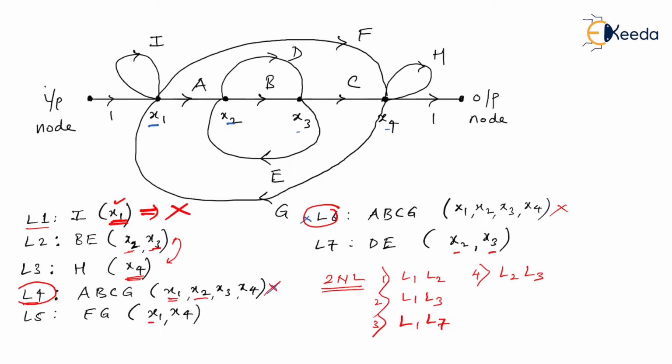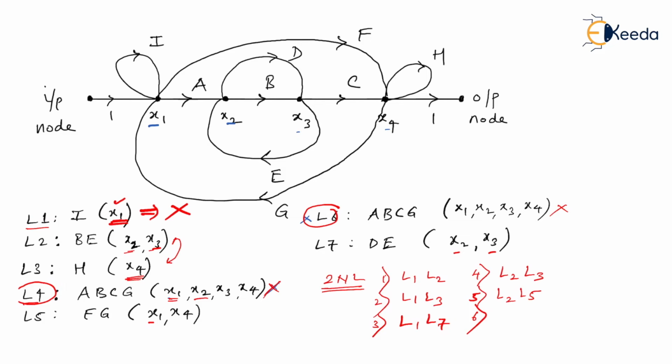In fact, L4 is something that we avoid comparing with any other loop. Let us compare L2 with L5. So after comparing L2 with L5, I can say that there are no common nodes between them. I can declare L2, L5 as part of two non-touching loops. So L2, L5 are two non-touching loops.